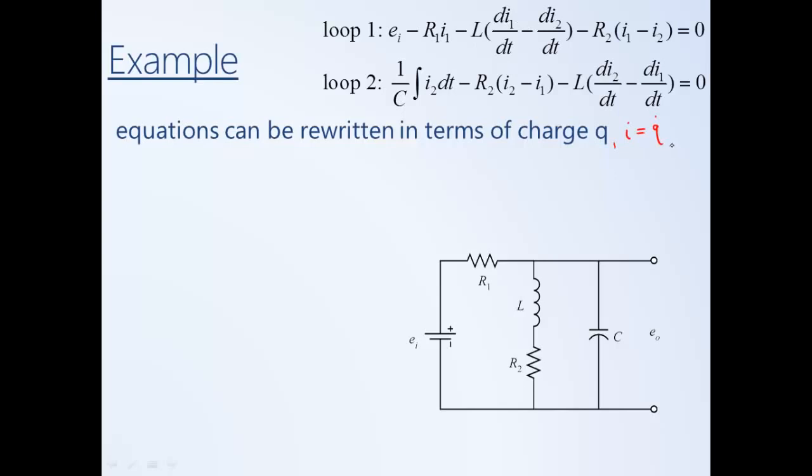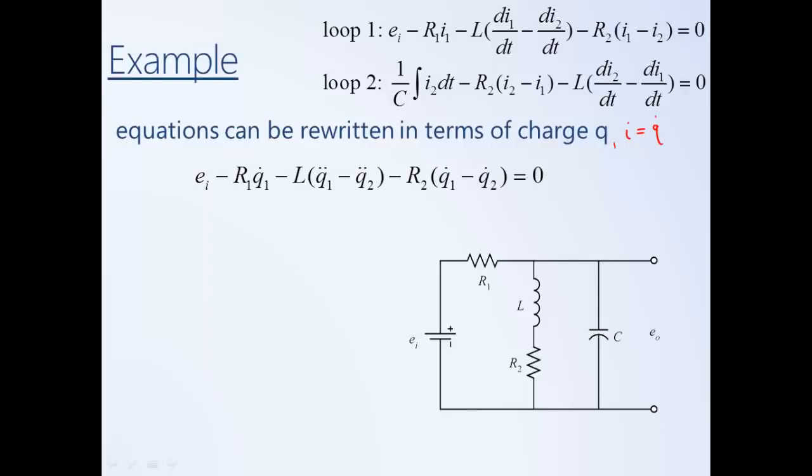Since current is the first derivative of charge, this is taking another derivative, and so this is equal to Q1 double dot, the second derivative of charge, and this is equal to Q2 double dot. Then again, this is current, which is Q1 dot, and this is I2, which is Q2 dot. So if we insert all of those substitutions, this is the resulting differential equation.